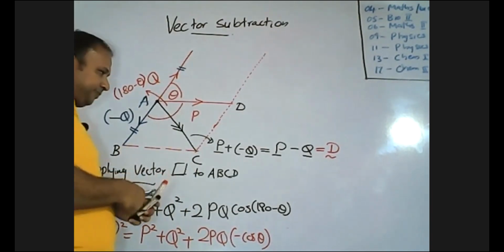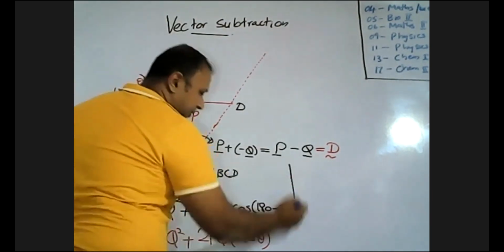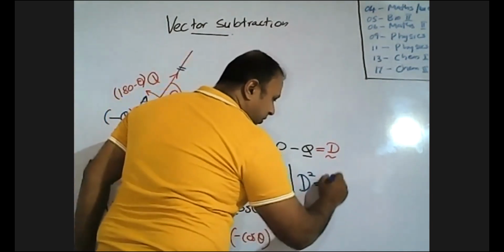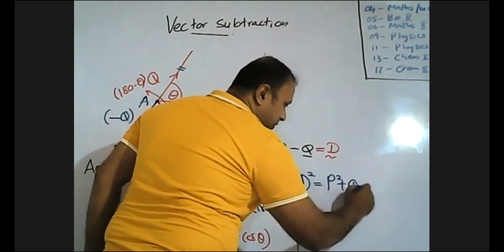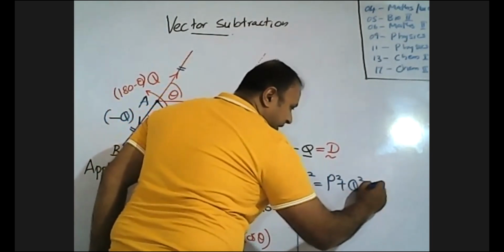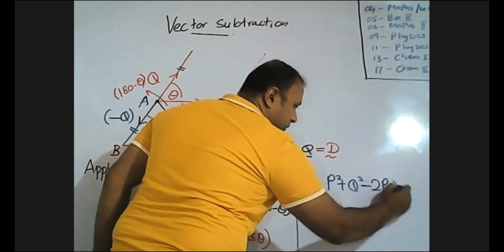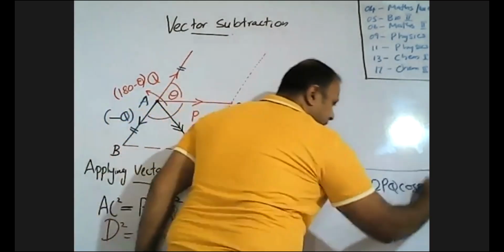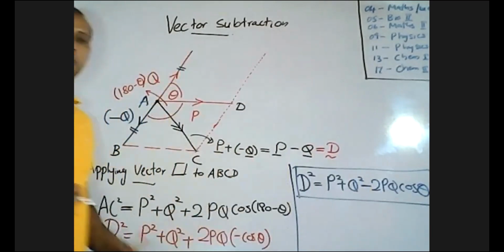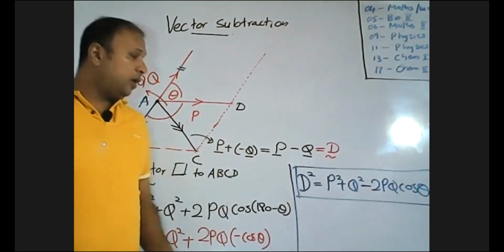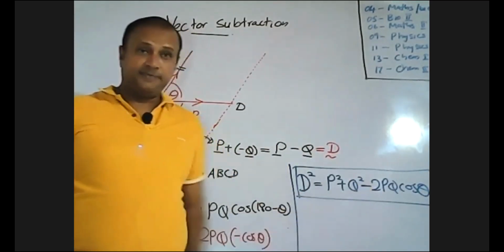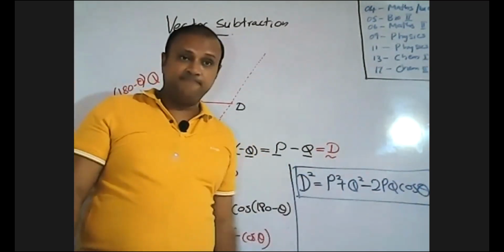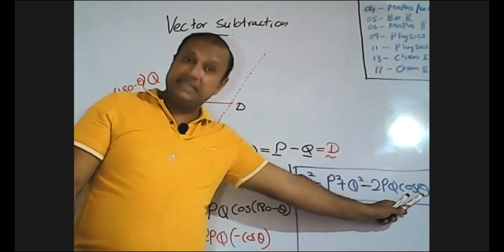That means D squared is equal to P squared plus Q squared minus 2PQ cos theta. Now, this is the equation for D squared. The only difference is there's a minus. But the most important thing is this angle. What is this angle? It is theta.